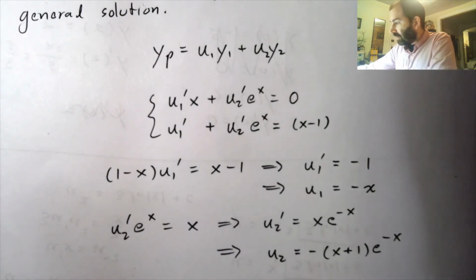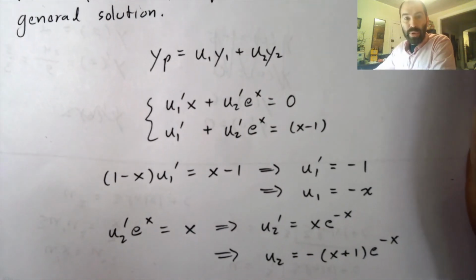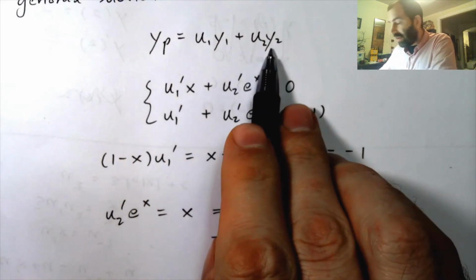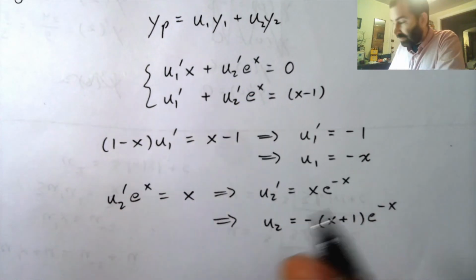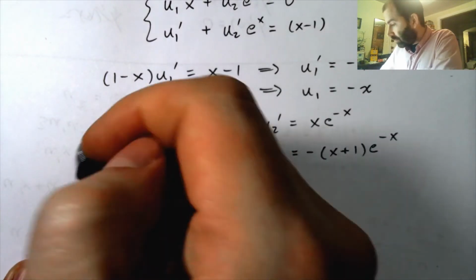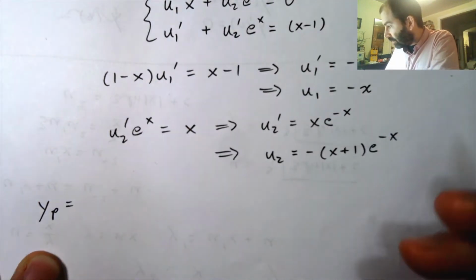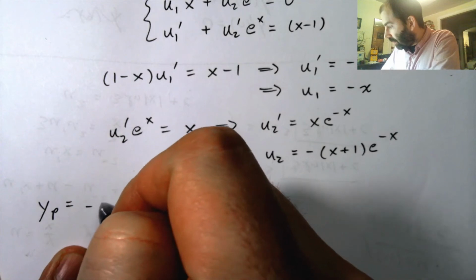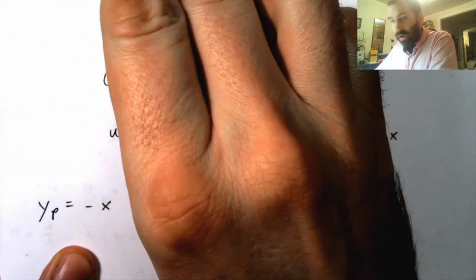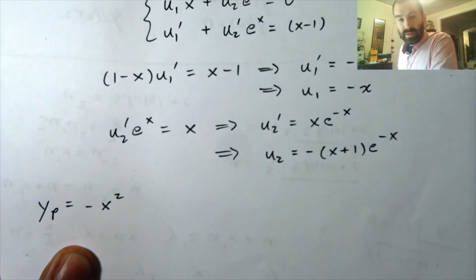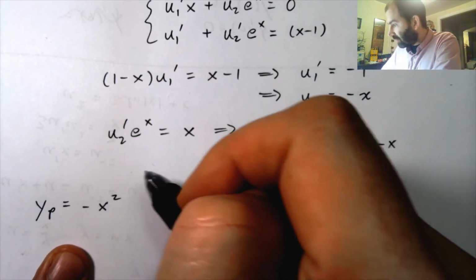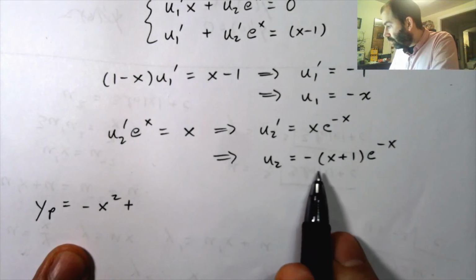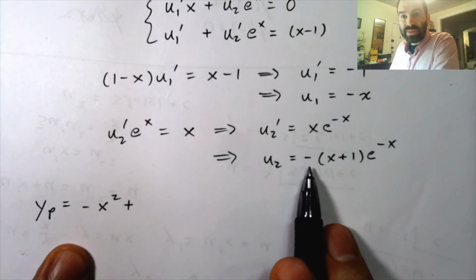Now we have our particular solution because we're just going to plug that in up here, right? So our particular solution is going to be u1 times y1, which was x, and then u2 times our y2, which was e to the x.